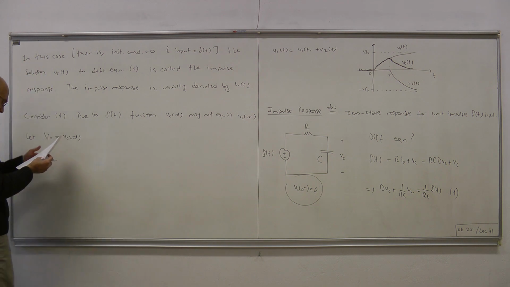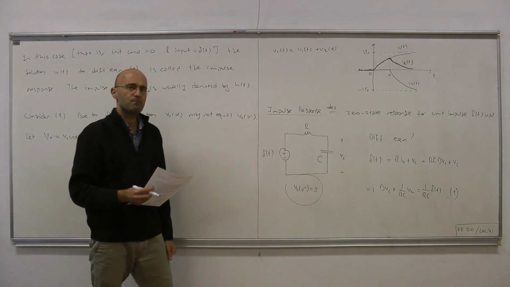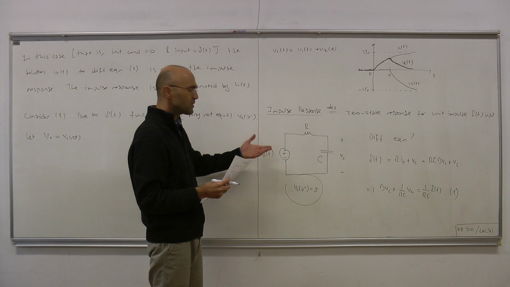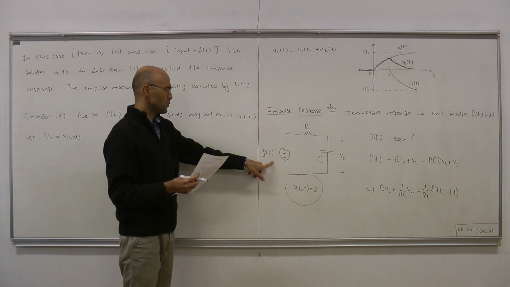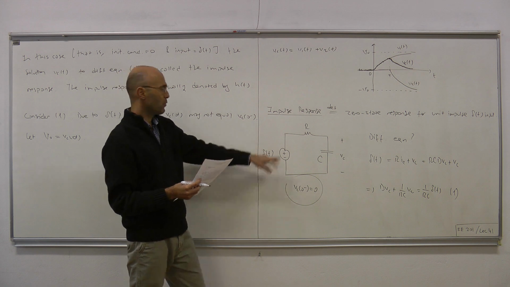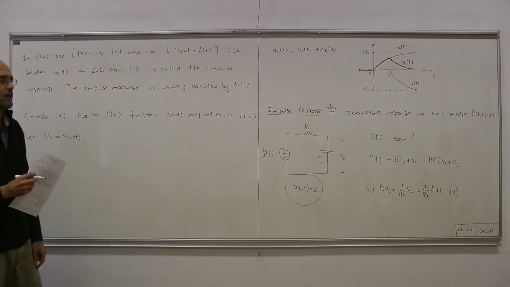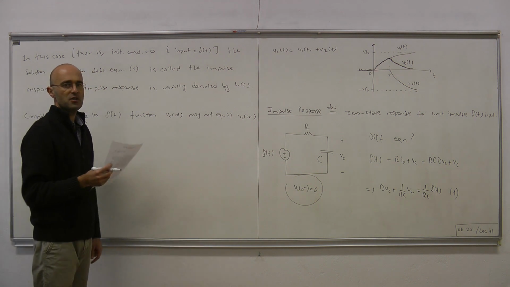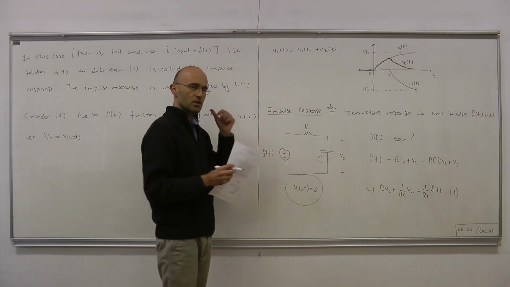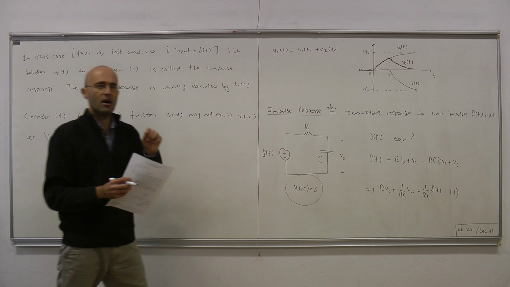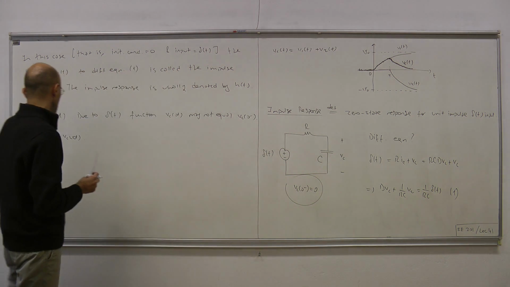So if V0 is the 0 plus value of the voltage, then starting from 0 plus onwards, since the source's impulse is 0, we can replace it with a short circuit and the situation becomes homogeneous, with no input. And for that we can easily write down the solution. This is the initial condition, Vc(0 plus) times e to the minus t over the time constant.